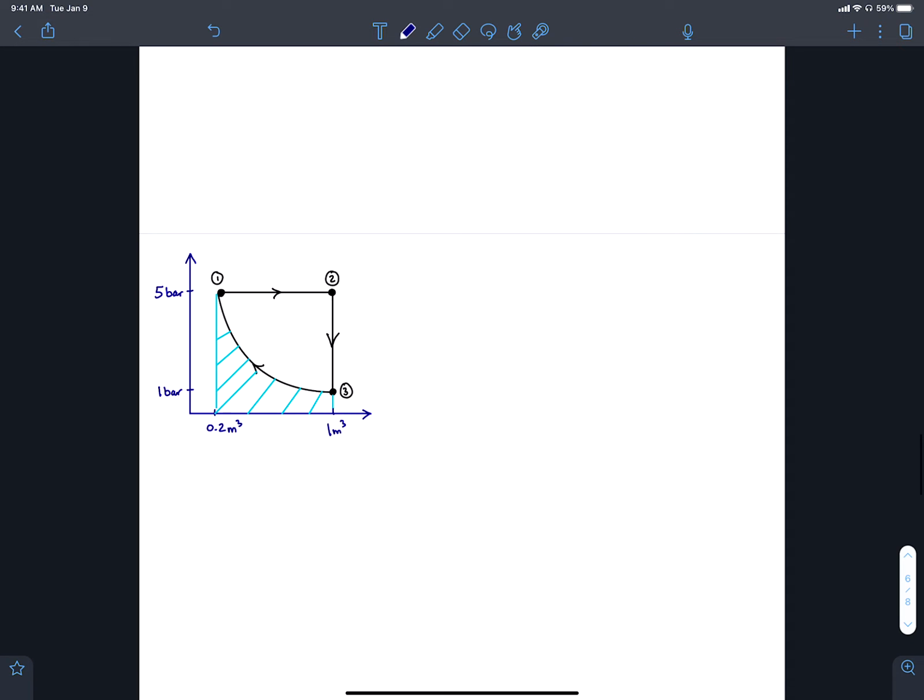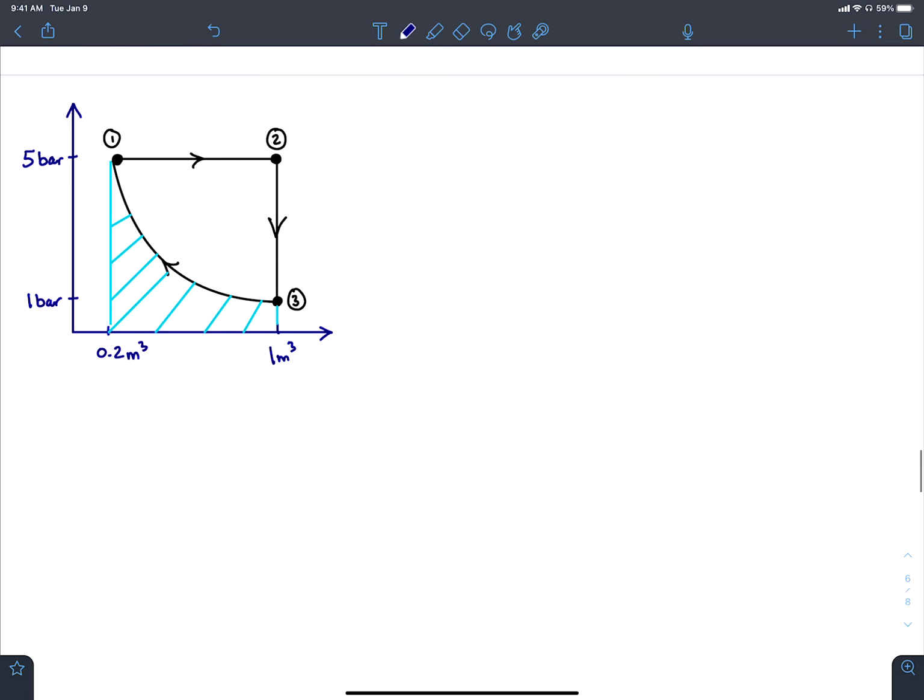Now work 3,1. Work 3,1 is the same equation we've been using, integral of P dV, where PV equals constant.